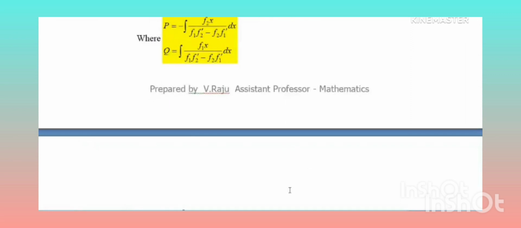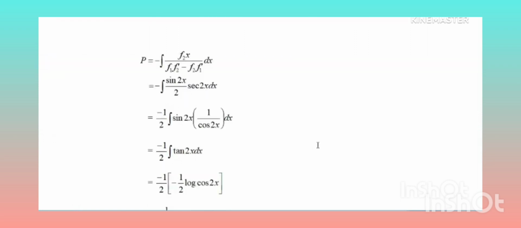So the particular integral is, as I explained earlier, the formula for P and Q is the same for all the problems of the method of variation of parameters. So P is equal to minus integral F2 X divided by F1 F2 dash minus F2 F1 dash into dx. F2 is equal to sin 2x.